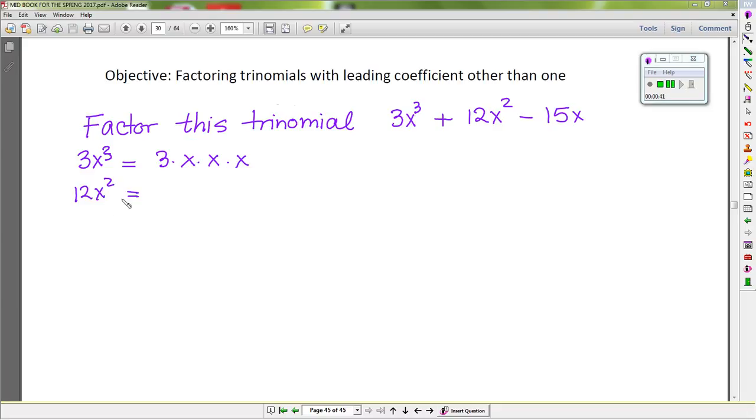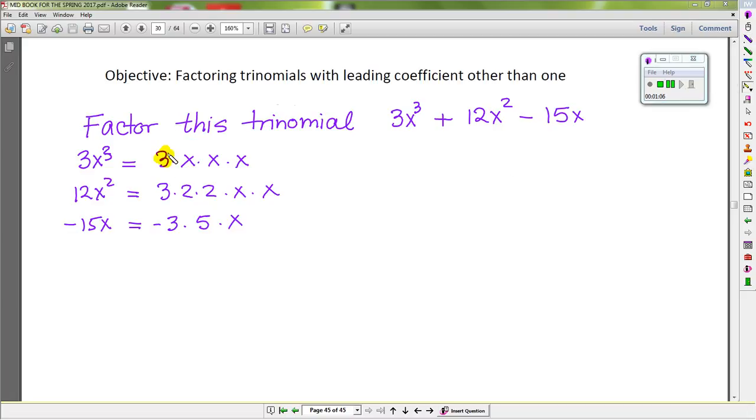So 12 is the product of 3 times 4, or 3 times 2 times 2. I'm going to write 4 as a prime factorization times x squared, and negative 15x is negative 3 times 5 times x. So let's see what they have in common.